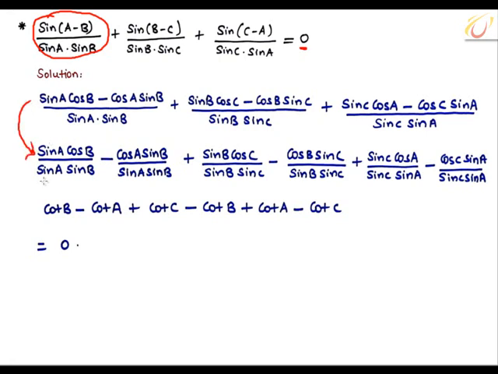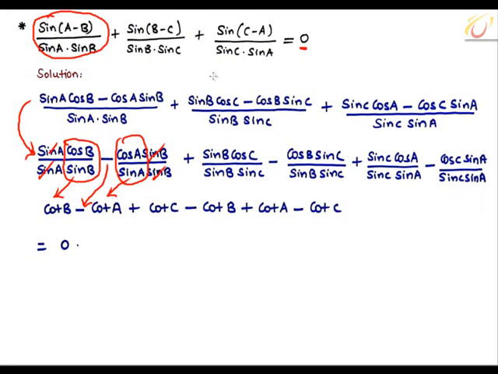Sin A cos B upon sin A sin B minus cos A sin B upon sin A sin B. So sin A will cancel. Sin B will cancel. What do you get? Cos B upon sin B will become cot B. Cos A upon sin A will become cot A and minus sign in between.